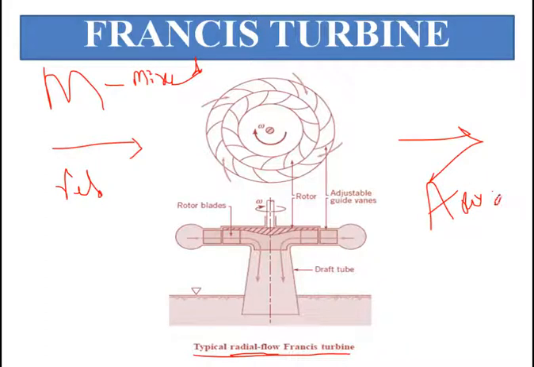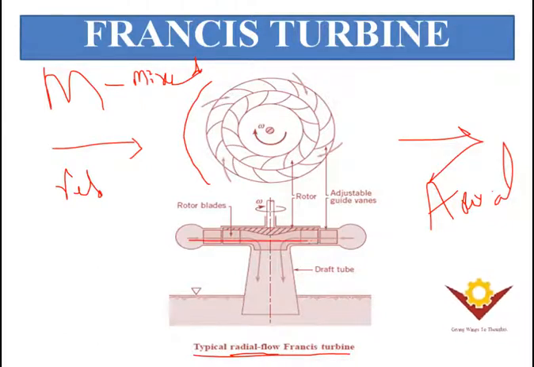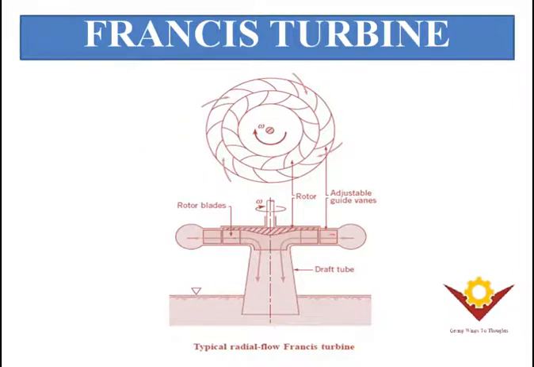Okay, now we'll try to understand this schematic diagram of the Francis turbine. See, this is the top view of this particular Francis turbine, which is a schematic of the runner. Okay, and now you can see here, this one and this one are the guide vanes.